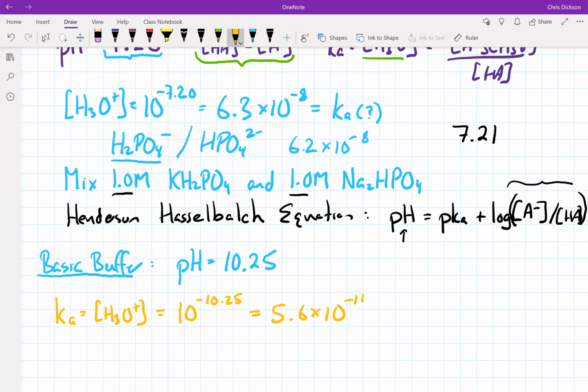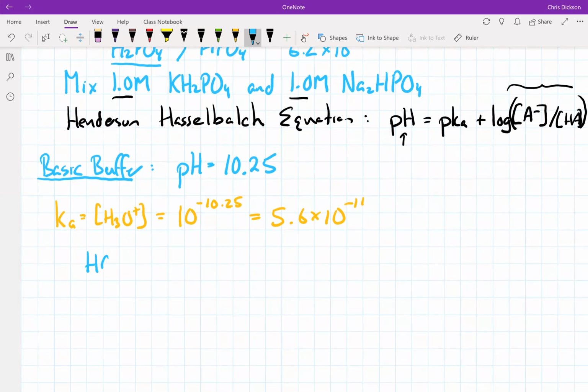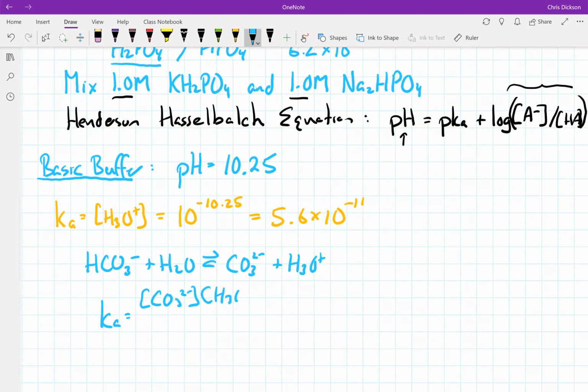So if you used bicarbonate and water, we're going to get the carbonate ion forming, and we're going to get hydronium. And of course, for the Ka of this, we get the concentration of the carbonate times the hydronium, all over the concentration of bicarbonate ion.